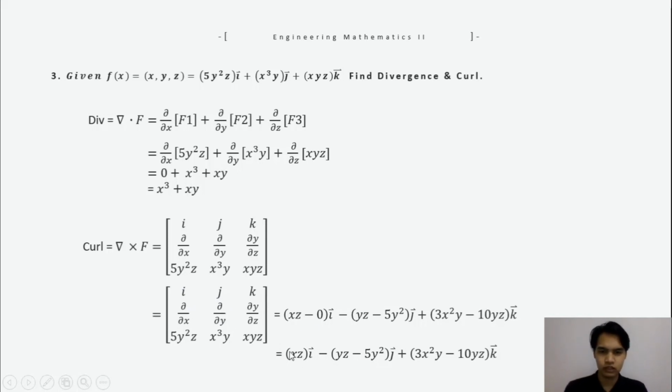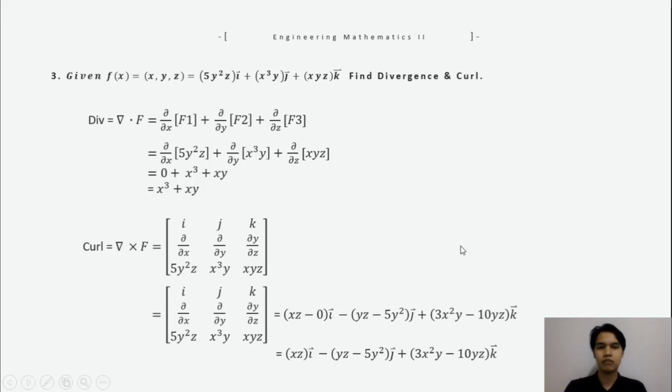And the final one we get xy for the i component, minus yz minus 5y to the power of 2 for the j component, plus 3x to the power of 2y minus 10yz for the k component.